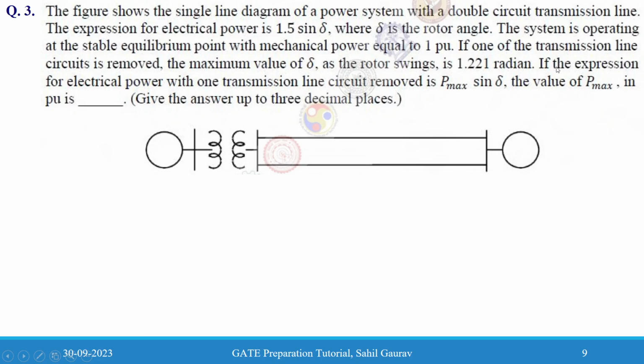If one of the transmission line circuits is removed, the maximum value of delta as the rotor swings is 1.221 radian. So if the expression for electrical power with one transmission line circuit removed is P max sine delta, the value of P max in per unit will be. So this is a very good problem.